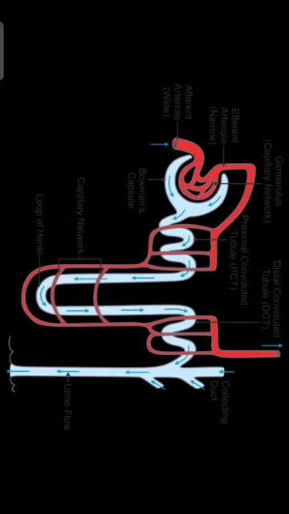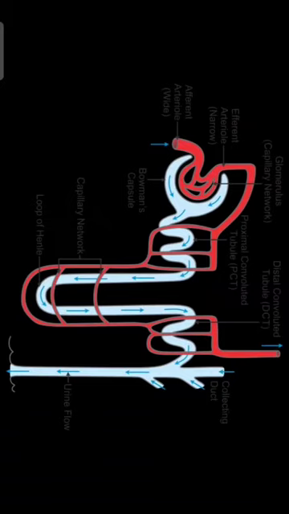Now let us learn the function of each of these. First, we can see in this diagram the afferent arteriole and the efferent arteriole. These two are blood vessels. The afferent arteriole carries blood towards the glomerulus.